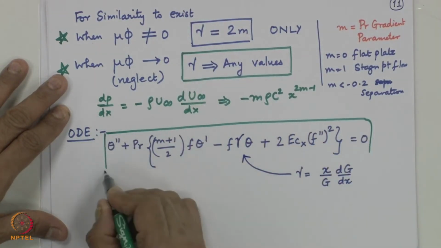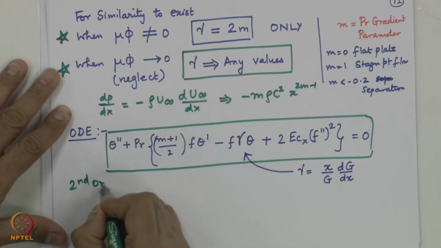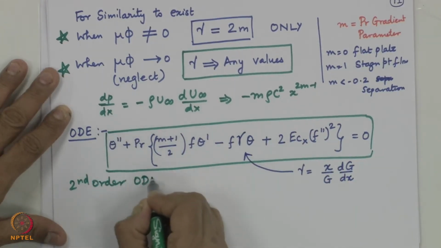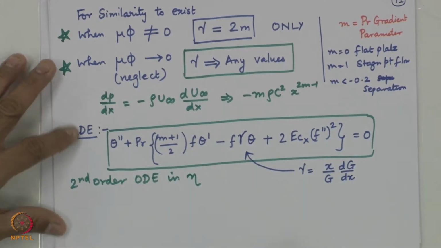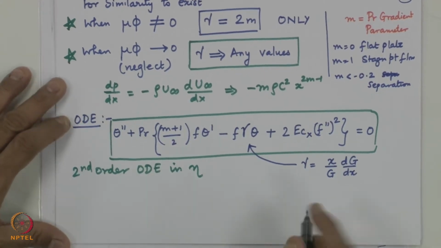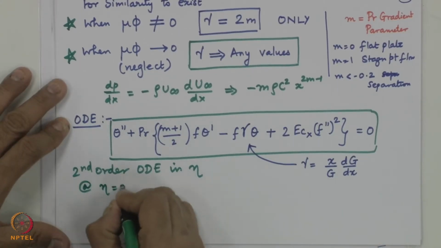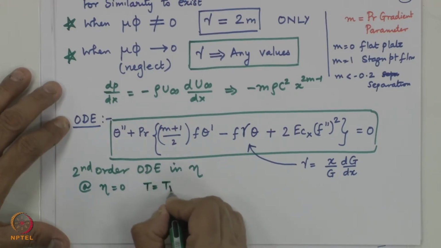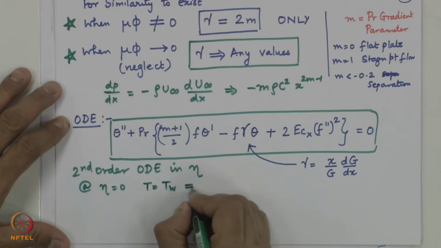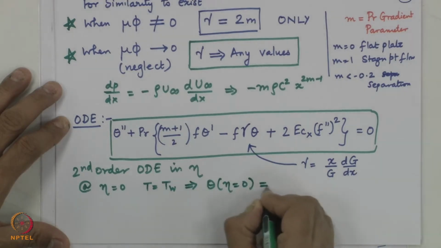What are my boundary conditions? What kind of an equation is this? A second order ordinary differential equation in eta as the independent variable. So what are my boundary conditions? At eta equal to 0, or y equal to 0, T is equal to T wall, which means theta of eta equal to 0 is 1.